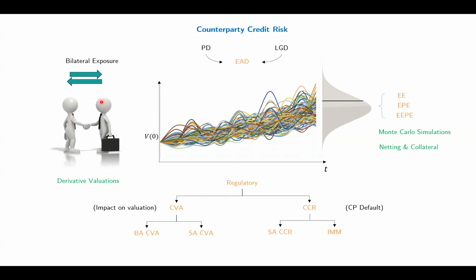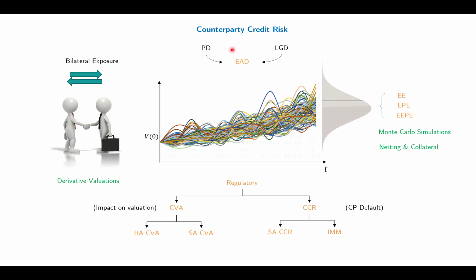It could be options, futures, FRAs, anything. The risk is if the counterparty owes you money because your position is in the money, and then he defaults, doesn't give you what he owes. That's counterparty credit risk.